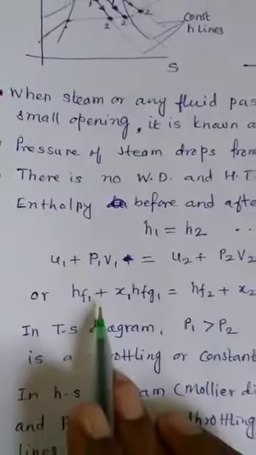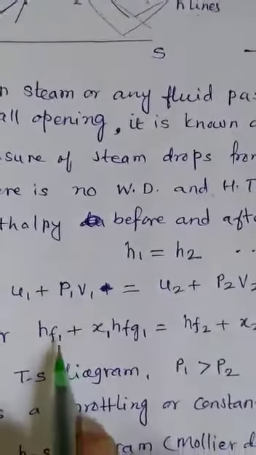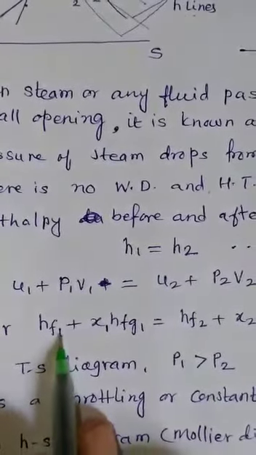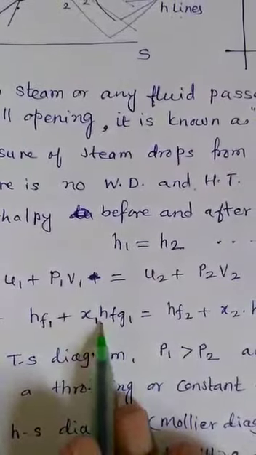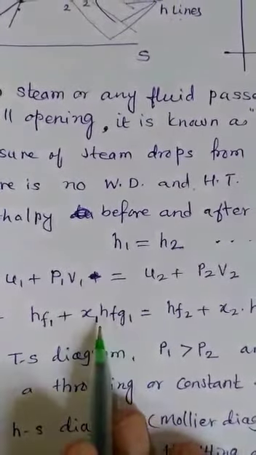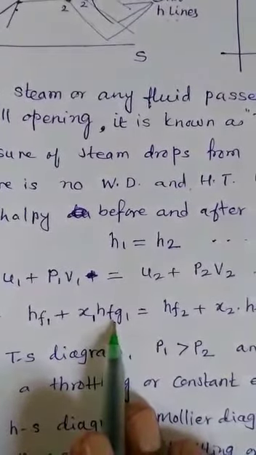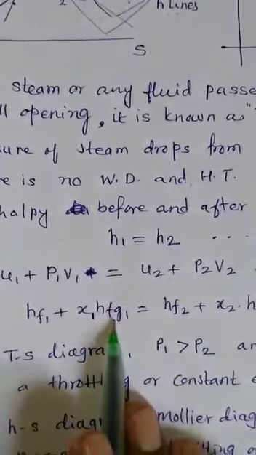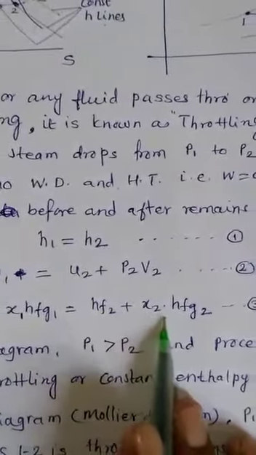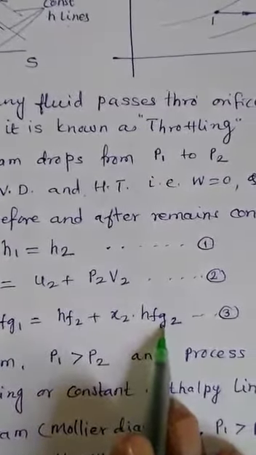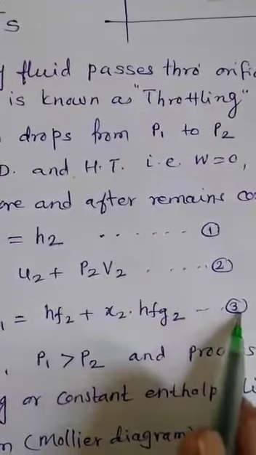And another equation from the steam point of view is Hf1, this is the enthalpy of liquid at point 1, plus X1 times Hfg1, this is the enthalpy of the two-phase region, liquid plus vapor, water plus steam. This is equal to Hf2, the enthalpy of the liquid at point 2, plus X2 times Hfg2, equation number 3.